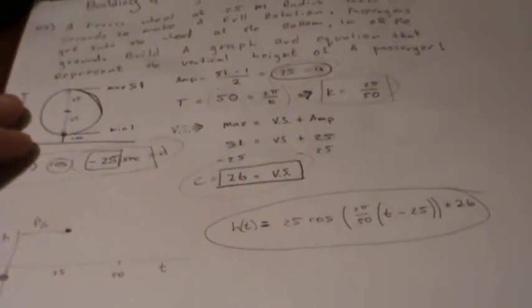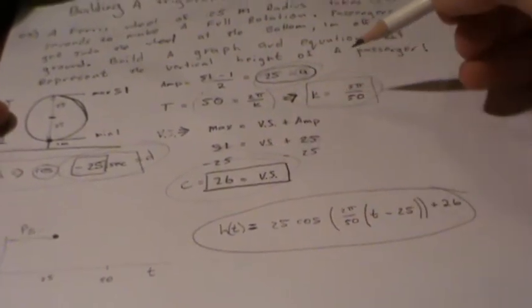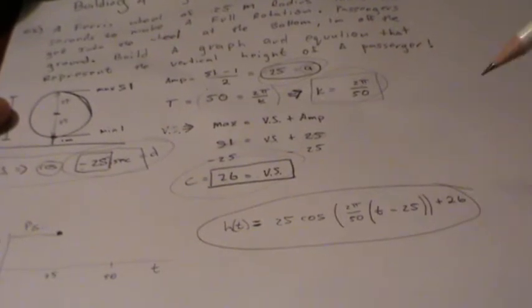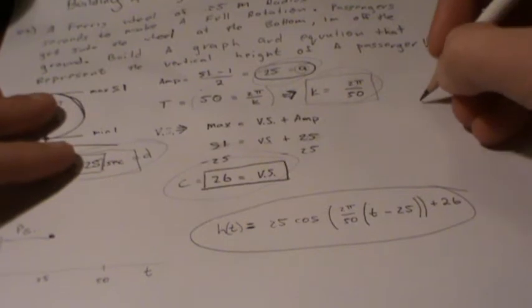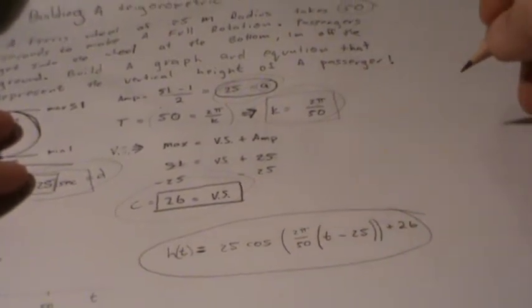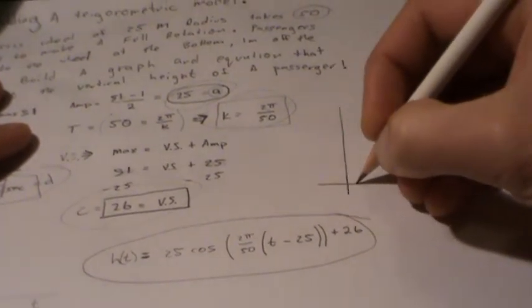Here is the equation, just finding my C, my A, my K, and my D. Now that I have the equation, I can make the graph.